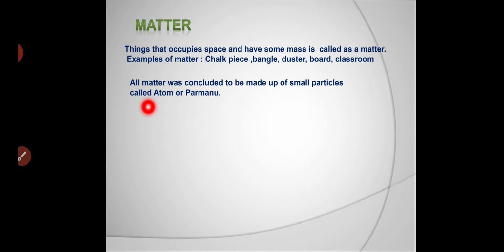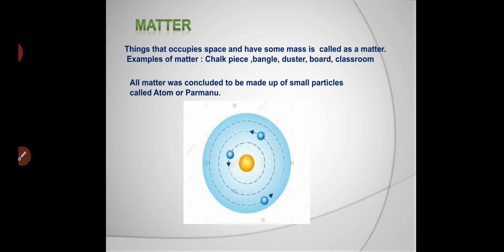And we also know that all matter is made up of small particles called atoms, or we may call it a parmanu, right? So how does an atom look? It looks like this. To get this structure of the atom, many scientists worked very hard. So let us study about the scientists, what they concluded, what discoveries they made, and what problems they faced to get this structure, right? So let us start one by one.